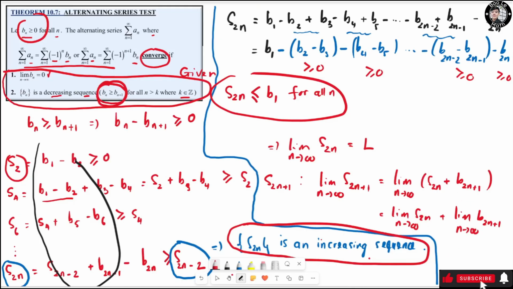Now, this last limit equals 0, if you look at this condition right here. So then you're going to end up with the limit of s sub 2n as n approaches infinity equal to L.